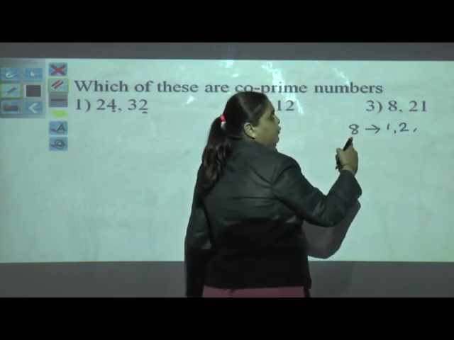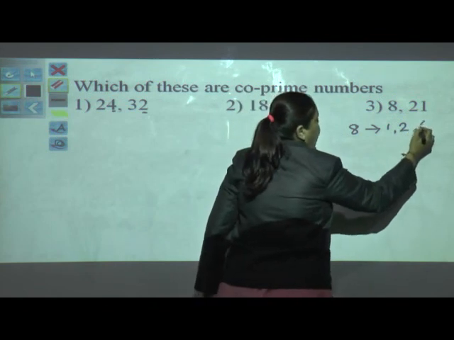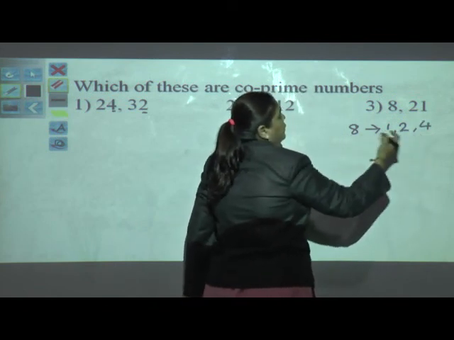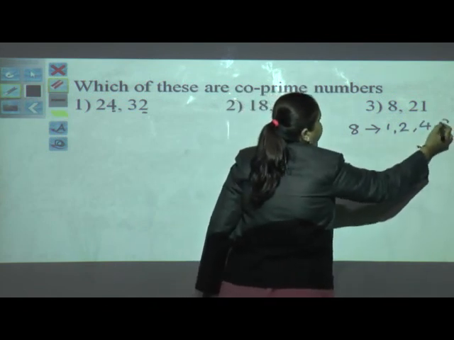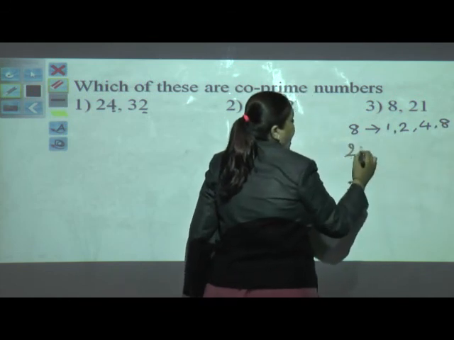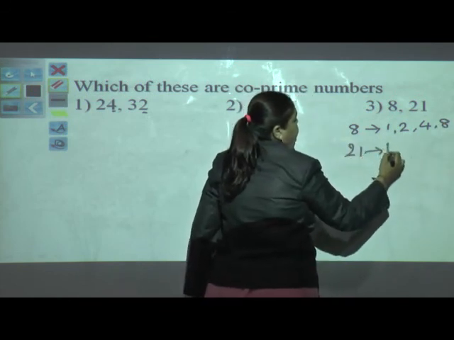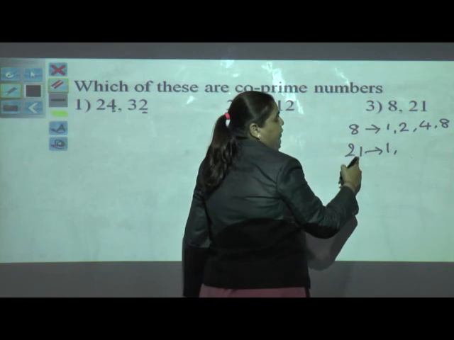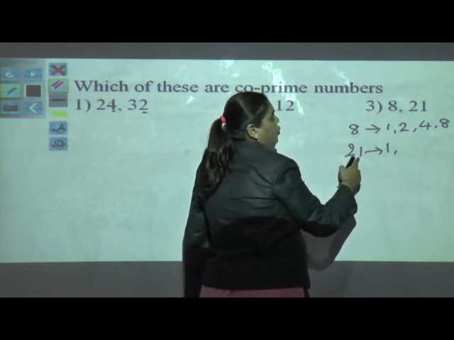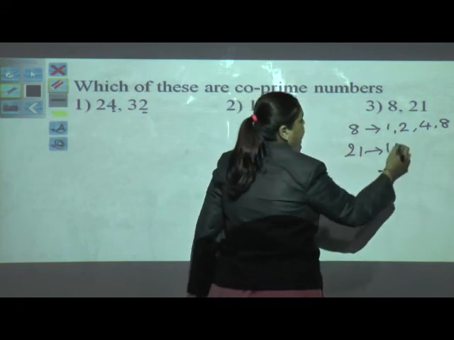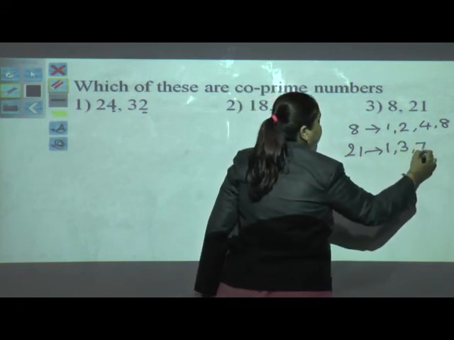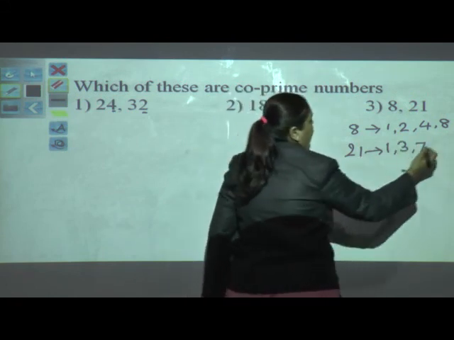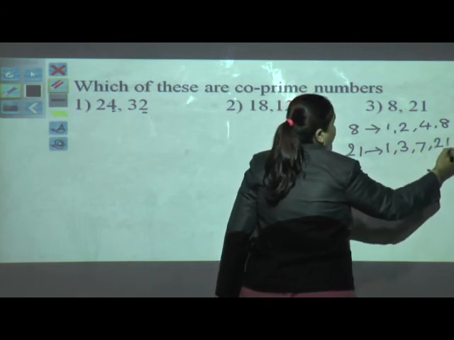No. We will try with the 4 table. 4 2s are 8, and the number itself, that is 8. What are the factors of 21? 1. Is it an even number? No, it's odd, so it will not go by 2. We have to try with 3. 3 7s are 21, and this is 21.